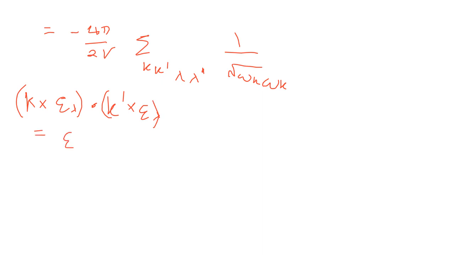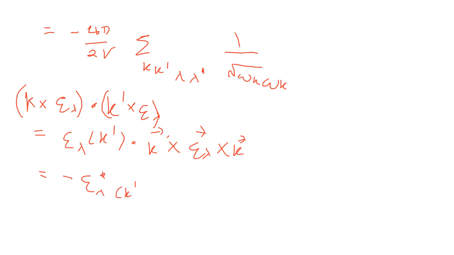So this gives you epsilon lambda of k prime dotted with k cross epsilon lambda cross k. These are all vectors. And then this ends up giving you minus epsilon lambda star k prime dotted with k cross epsilon.